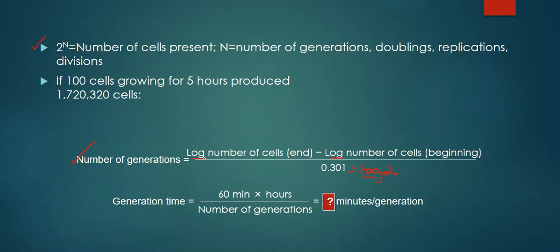So let's go ahead and calculate this first one out. The number of cells in the end was 1,720,320. If we took the log of that, what you should have gotten was something like 6.23. Then we subtract from that the log of cells at the beginning, which was 100.